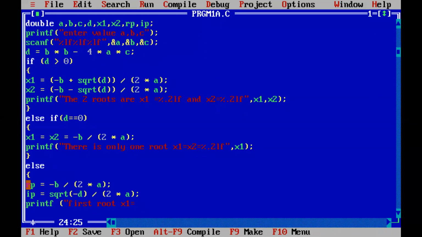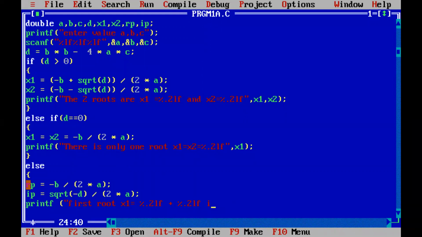So for the real part we are giving percentage 0.2 LF. Where we are giving this one, it will be replacing the value, and again percentage 0.2 LF, and we have one i to be printed. I am giving space and showing. So this will be the first root, right?